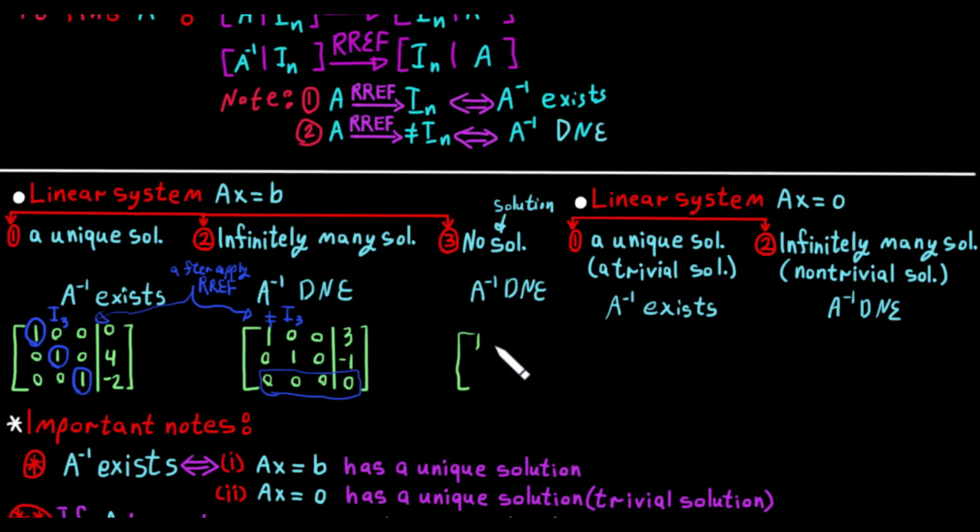So 1, 0, 0, 0, 1, 0, 0, 0, 0, and here the line of augmented, and here it has to be any number. So let's say here you have 2, and here let's say you have -3, and here you have 0.